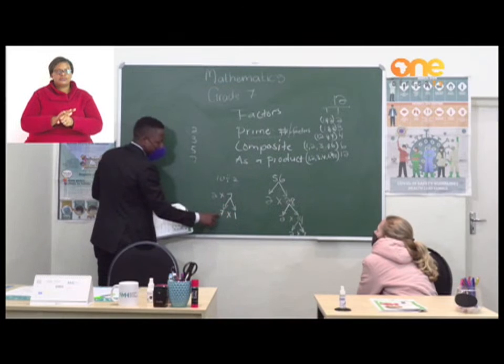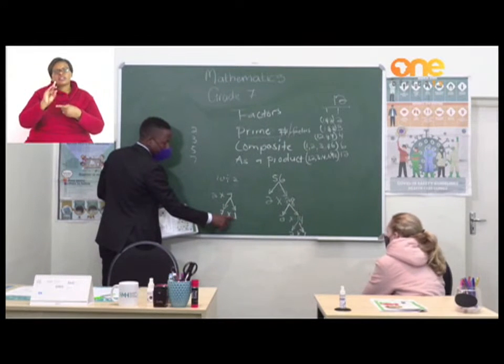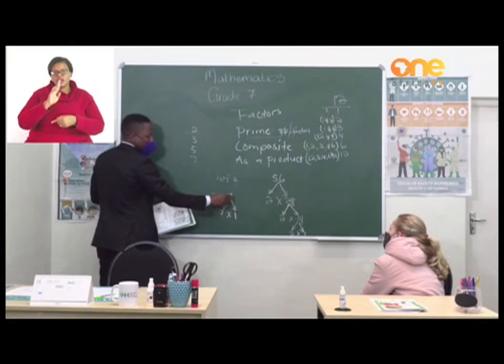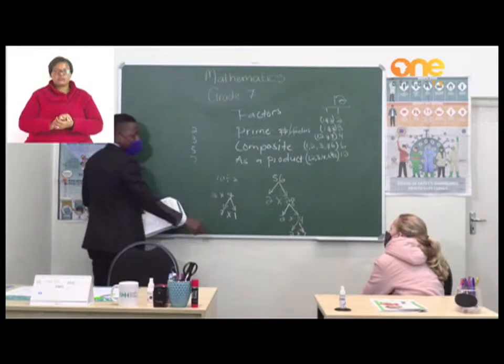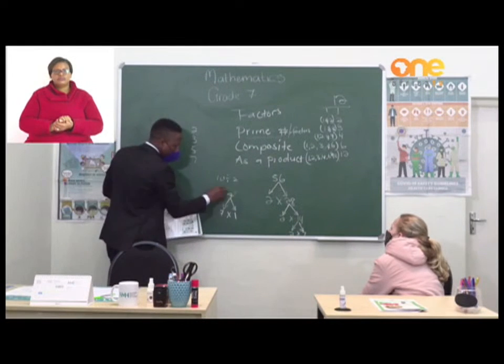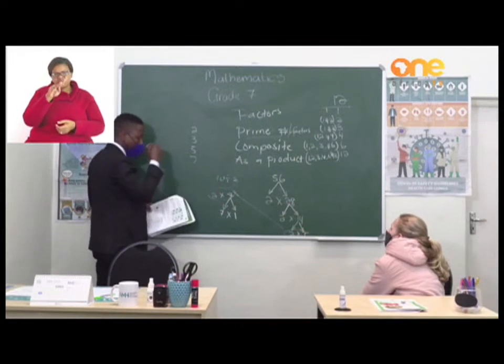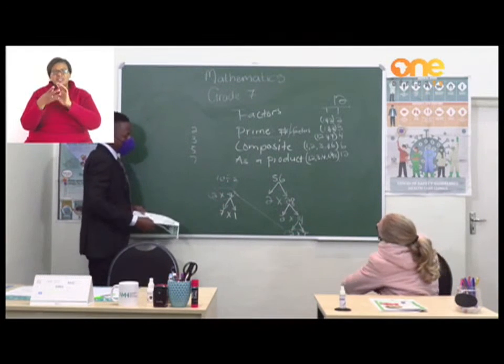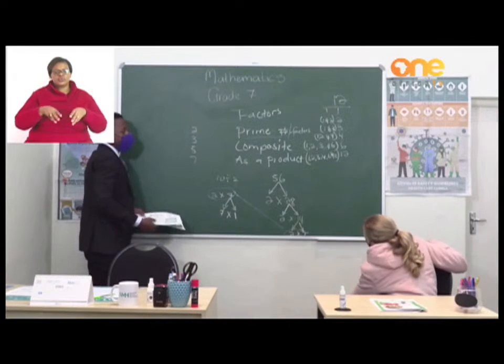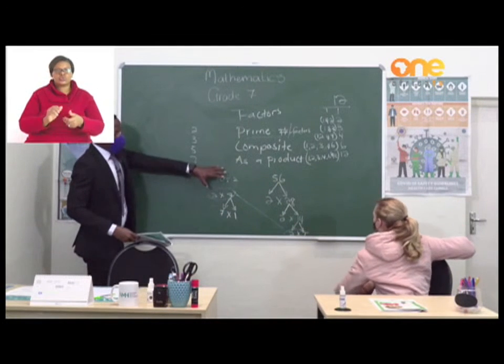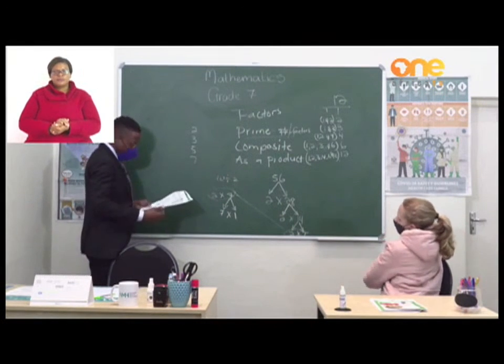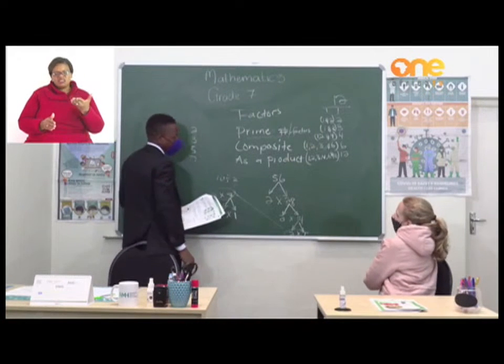And 7 times 1 gives 7. I just wrote it so you can see how you go down. So this is a method called a factor tree.